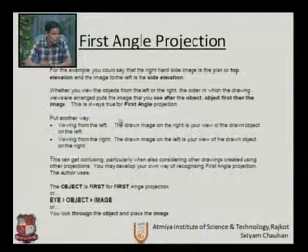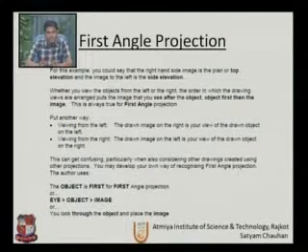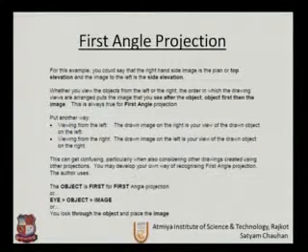So the basic difference will be in the object. If it is drawn in first angle projection, we are looking from the left side, and the view will be drawn on the right side. So the left hand side view will be drawn on the right side of the front view. So the object is first for first angle projection.